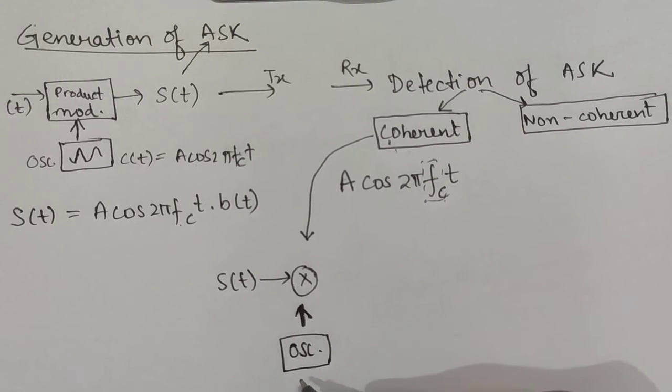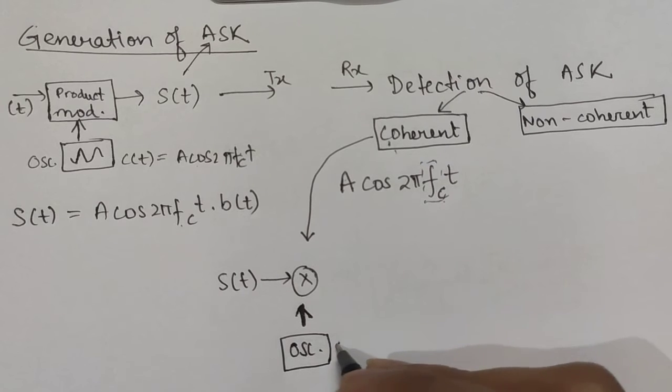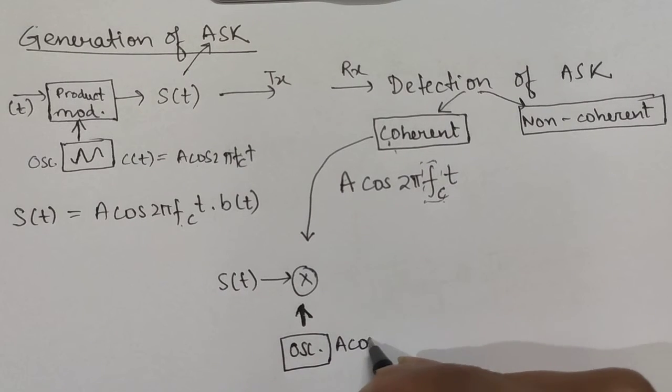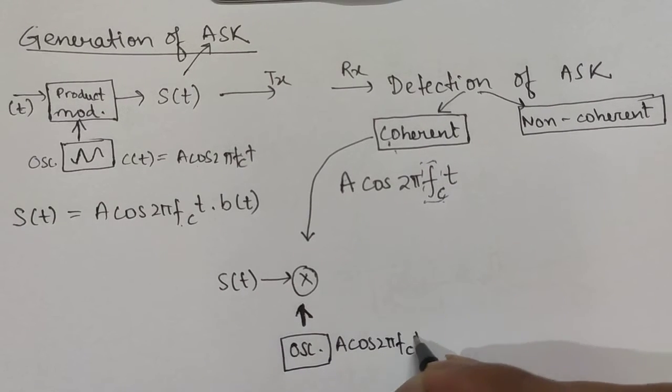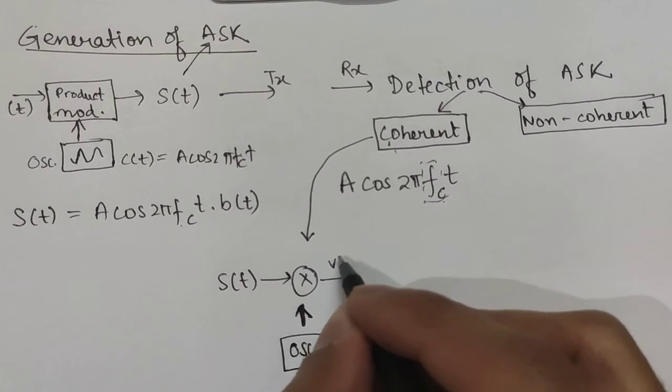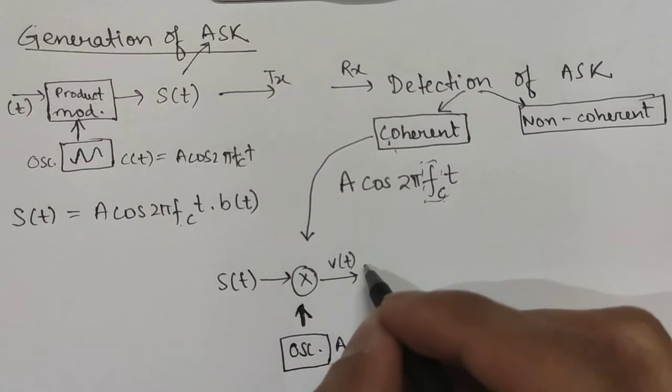Since for simplicity I have assumed the amplitude to be same, A into cos 2 pi fct. The output is represented as V of t.